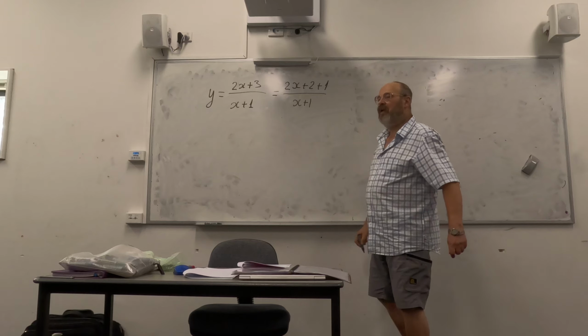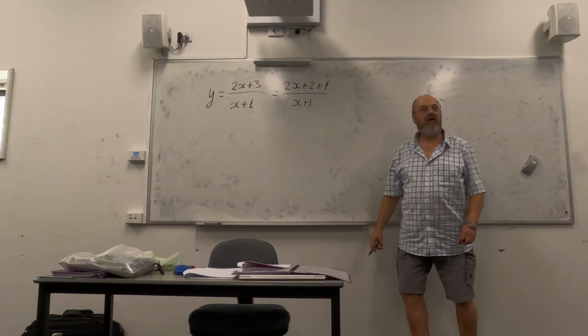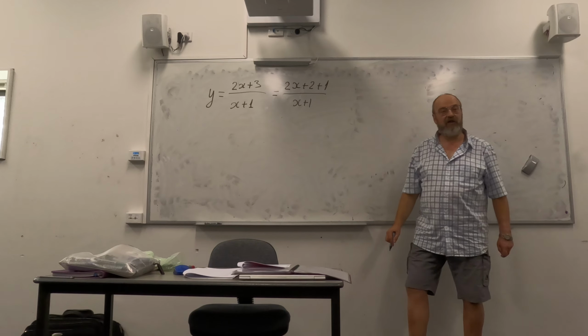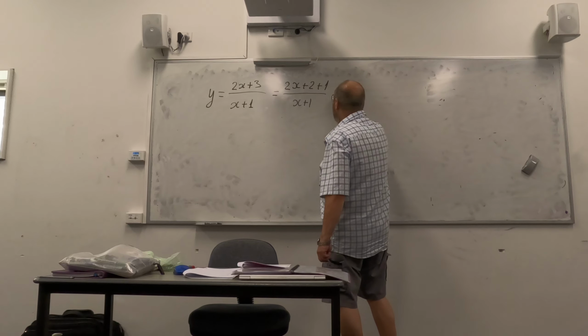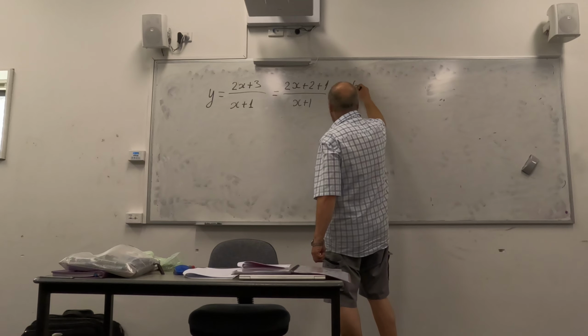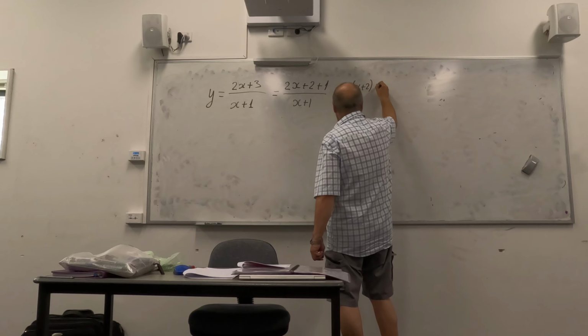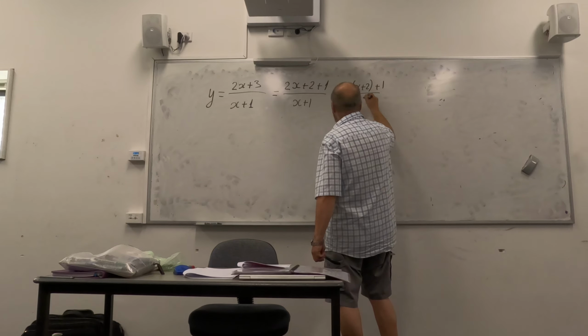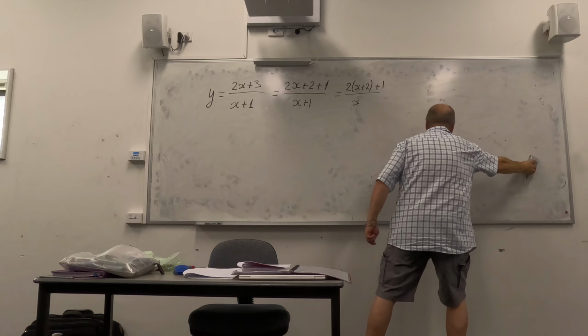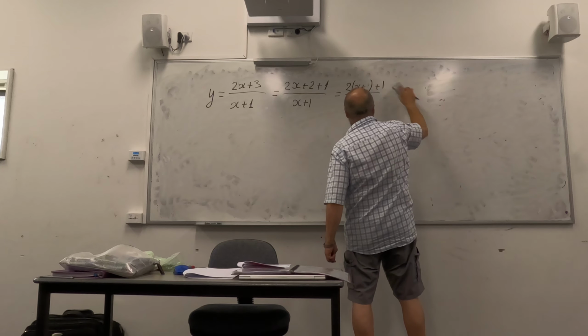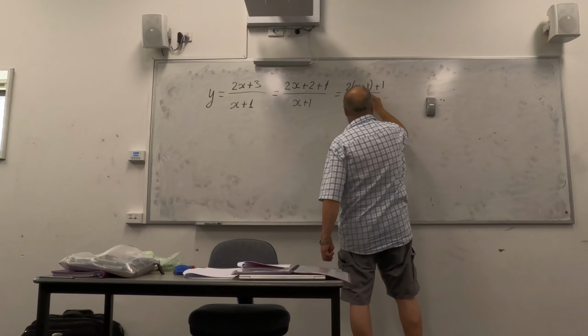Let's rewrite it like this. Next step: 2 times (x plus 1) plus 1.